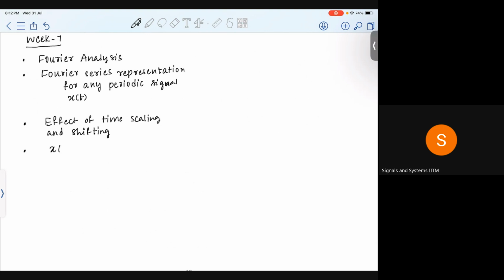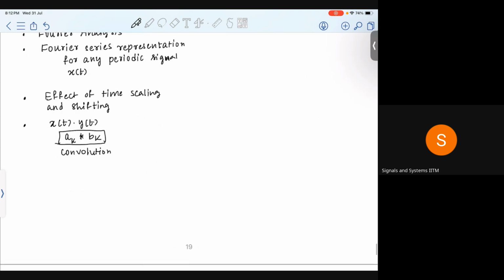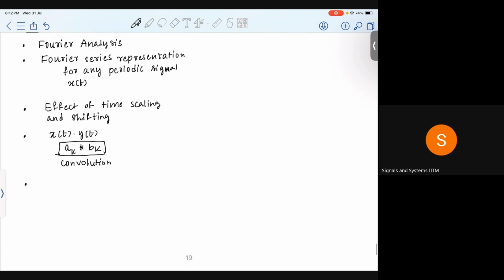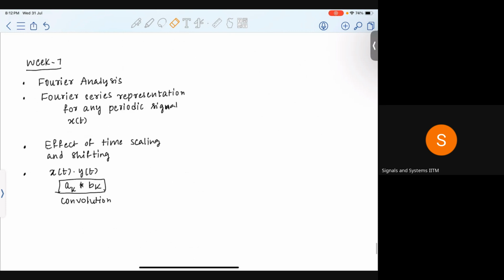When any two signals x of t and y of t are multiplied, then their Fourier coefficients are convolved. So convolution of Fourier series is also something that we have seen. Basically in week 7 we have seen Fourier series and their properties, and in week 8 we have seen more on this Fourier series.